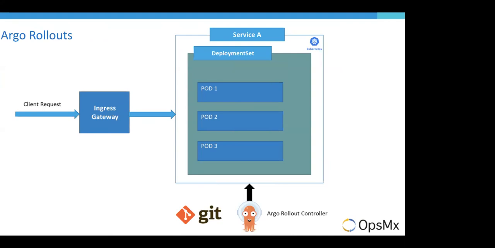This is basically an enhanced Kubernetes deployment, where we provide the strategies like blue-green and canary, and the details there. So let's see how Argo Rollouts does the deployment.